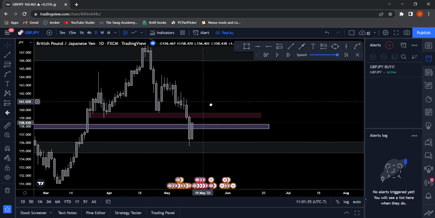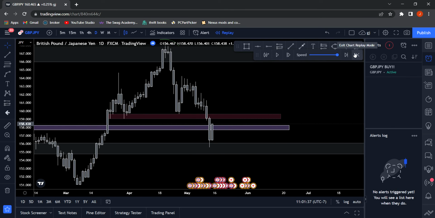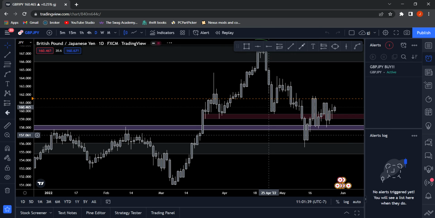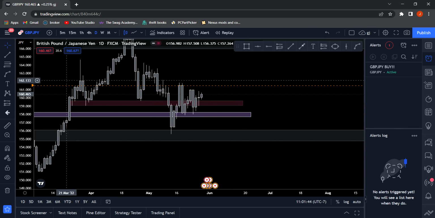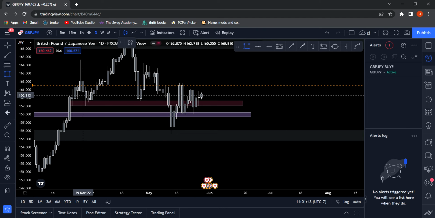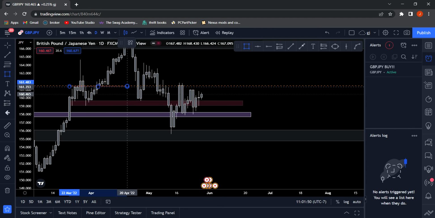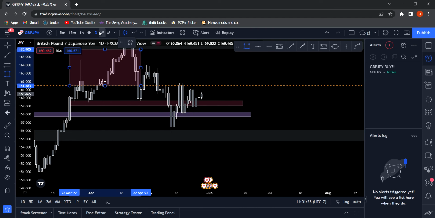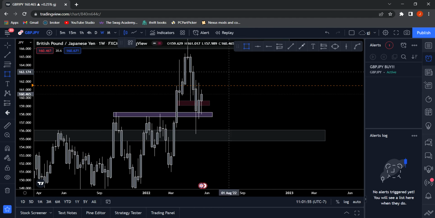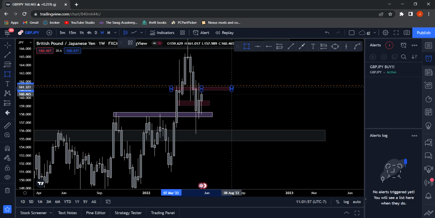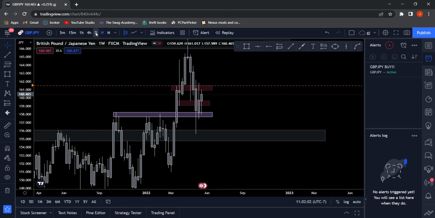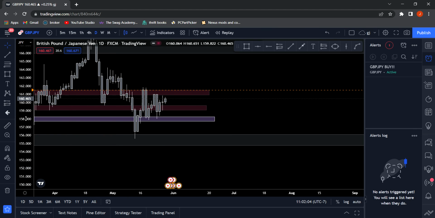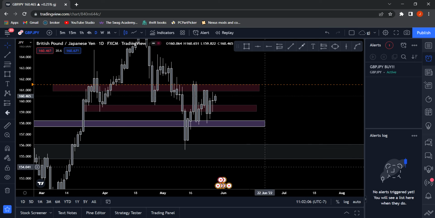So it happened right here, and the reason I'm waiting for a break and not a retest with the other level that I have on, I gotta draw back on, is because it's doing the same thing.